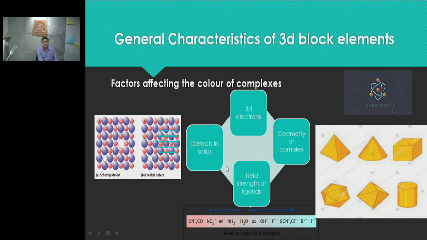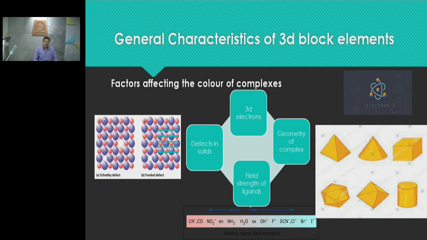Next is the strength of the field, the strength of the ligand. Strong field ligands and weak field ligands give high spin or low spin complexes, which lead to absorption in the visible region.